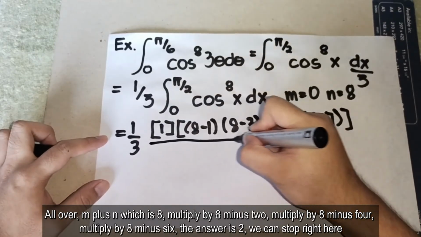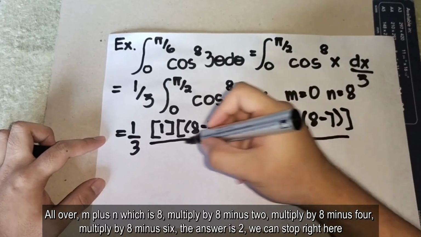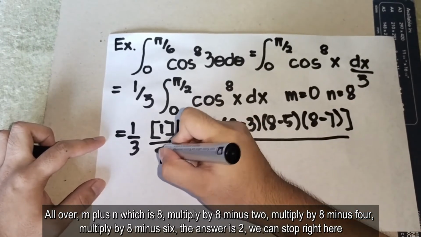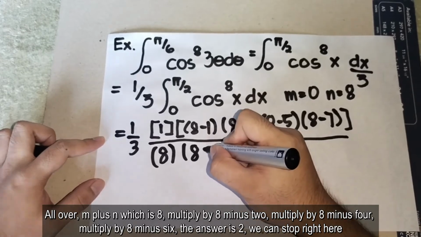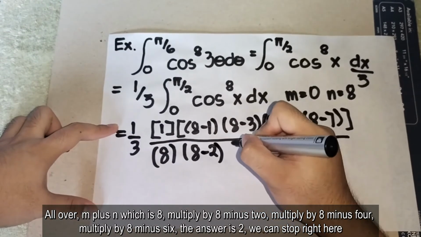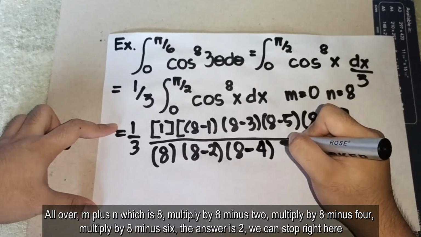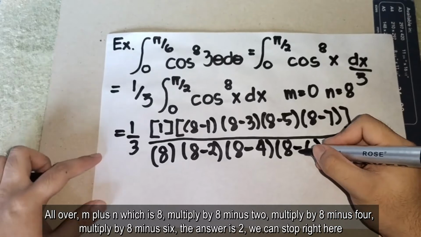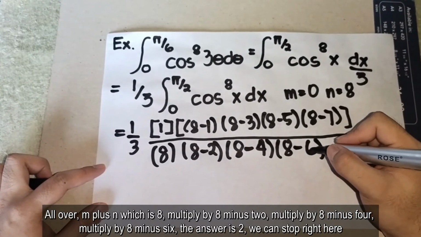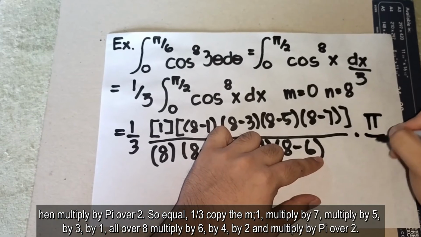All over m plus n, which is 8, multiplied by 8 minus 2, multiply by 8 minus 4, multiply by 8 minus 6. The answer is 2, we can stop right here. Multiply by pi over 2.